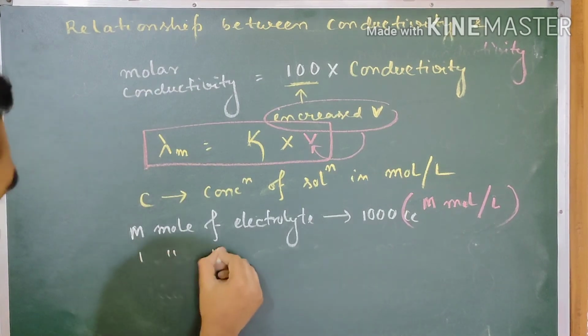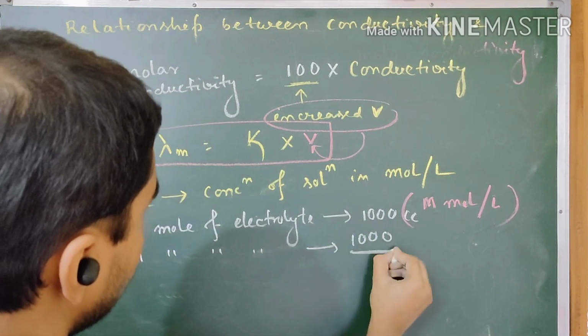So 1 mole of an electrolyte is present in 1000 by m cc.